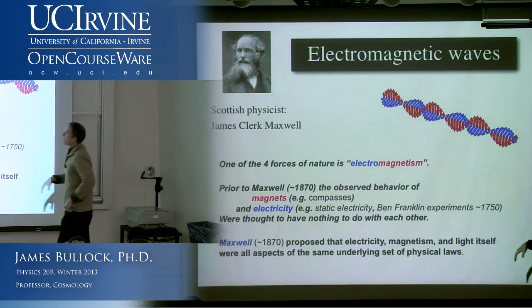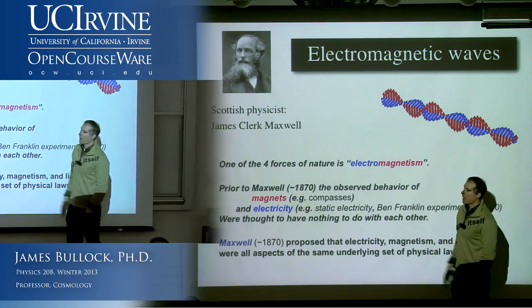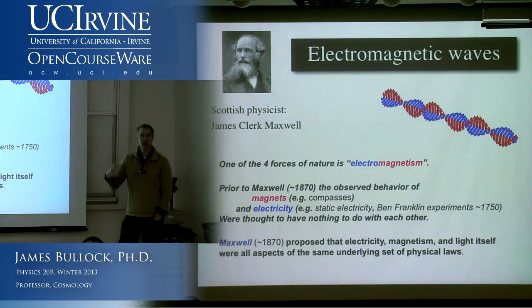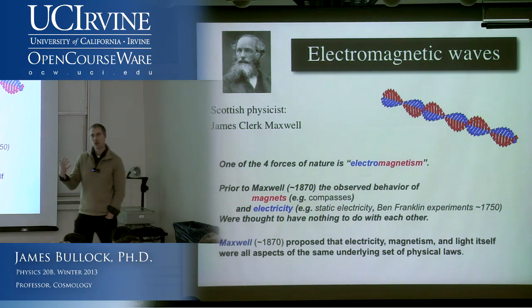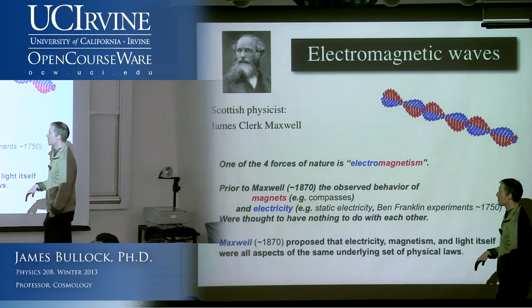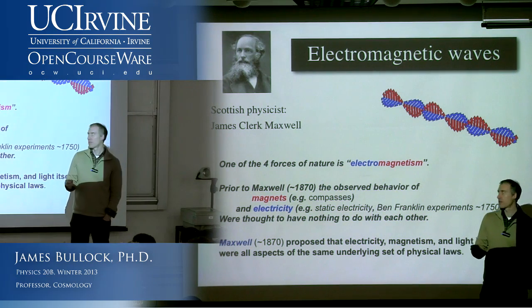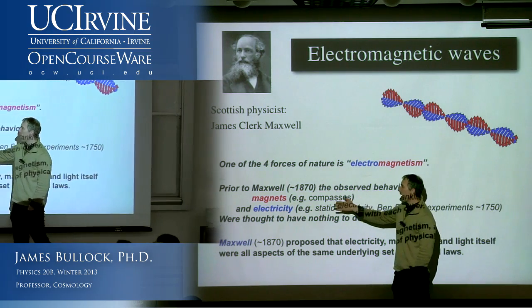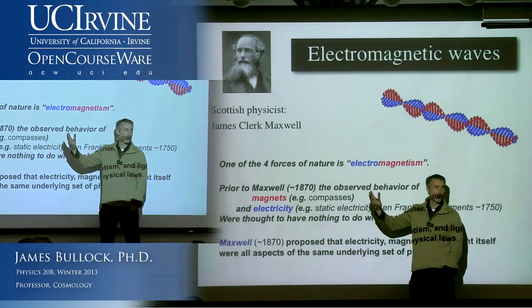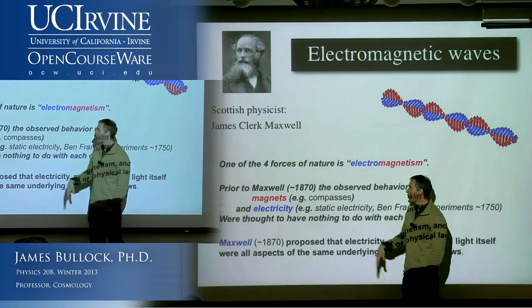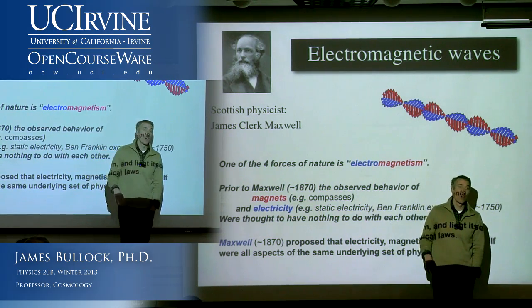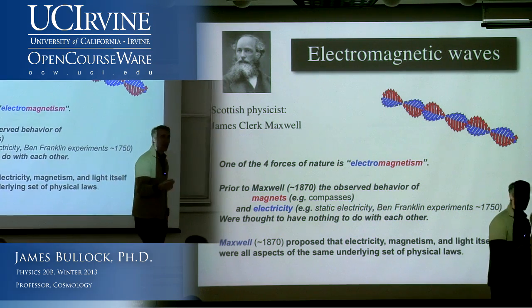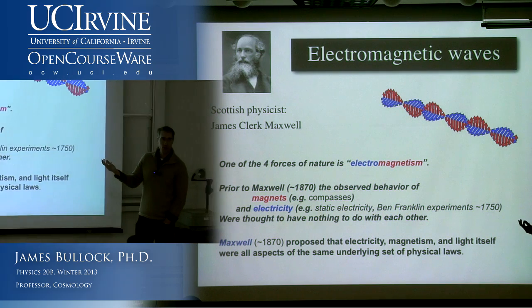Okay. One of the four forces of nature is electromagnetism. So this phenomenon of electricity and magnetism, it turns out, is a fundamental force of nature. It's one of the four fundamental forces of nature, of which gravity is also one of those. Prior to Maxwell, the observed behavior of magnets that we know about, like compasses, and electricity, like say static electricity, or even all of the experiments on electricity that Ben Franklin is famous for, all that stuff was obviously known before then.